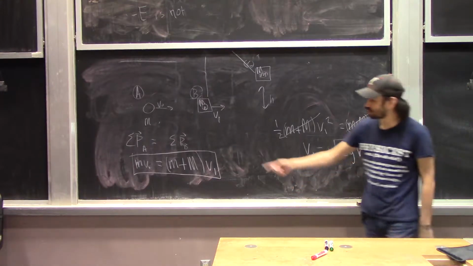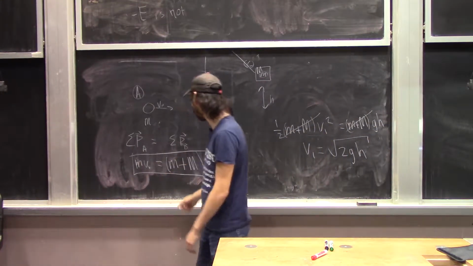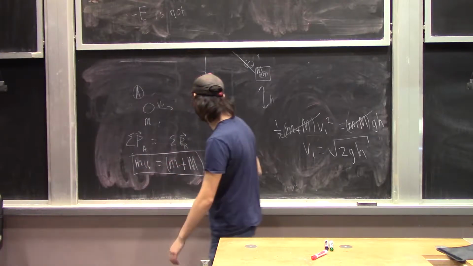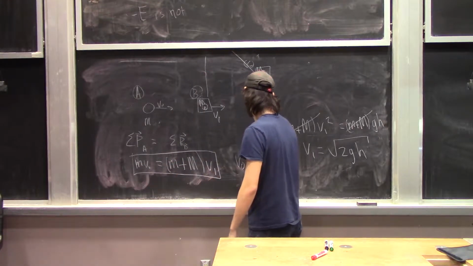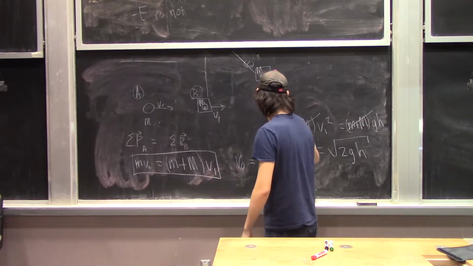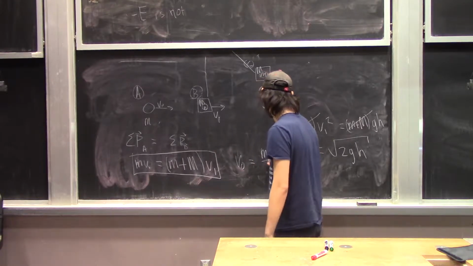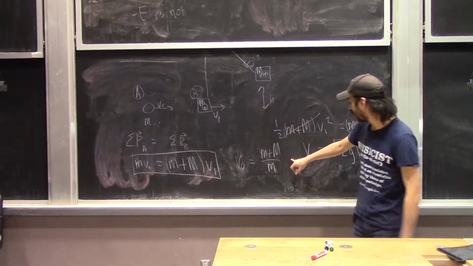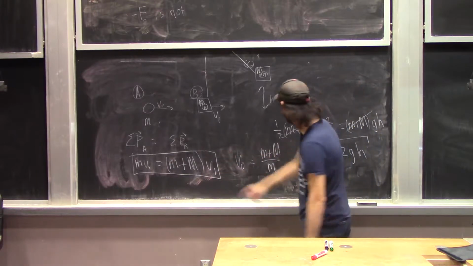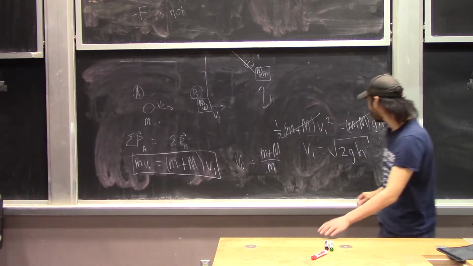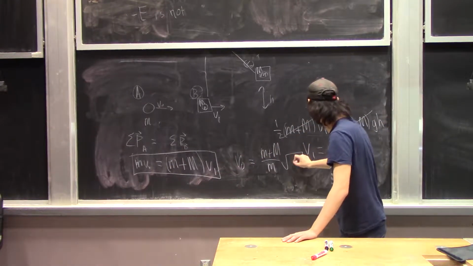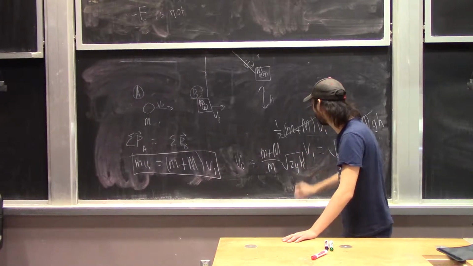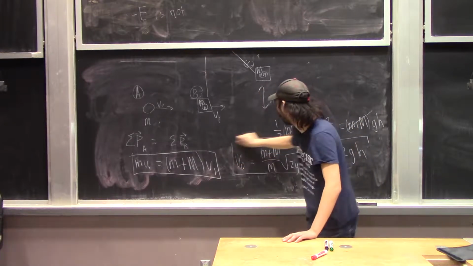Now, in the momentum equation, we're trying to solve for what v0 is, so we can move a mass over to this side. So we have v0 is going to be equal to (m plus M) divided by m times this velocity v1, but we know what that is now. And so we can plug in this root 2gh, and then this is our expression for this initial velocity.